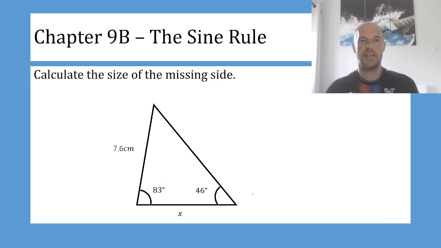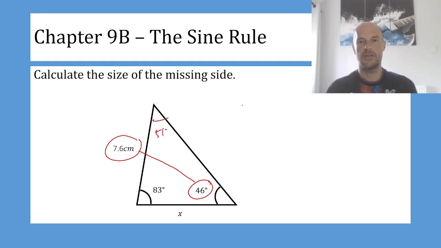Okay, so we want to calculate the size of this missing side, but the only problem is we don't have an opposite angle. Well, no problem at all. We do have one side opposite an angle, but we'll need this angle if we want to work out x. Well, it's easy. We've got 2 out of the 3 angles in the triangle, so this angle is 180 minus 83 minus 46, so 51 degrees.